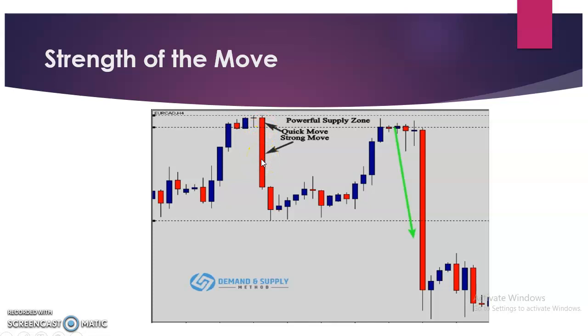Now, as you can see, this is going to be your order block. The doji candle before that big move to the downside is going to be your order block, okay?